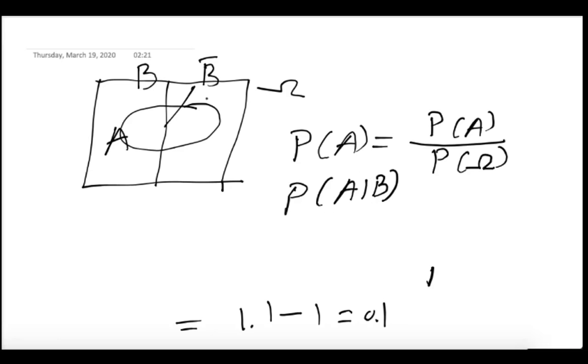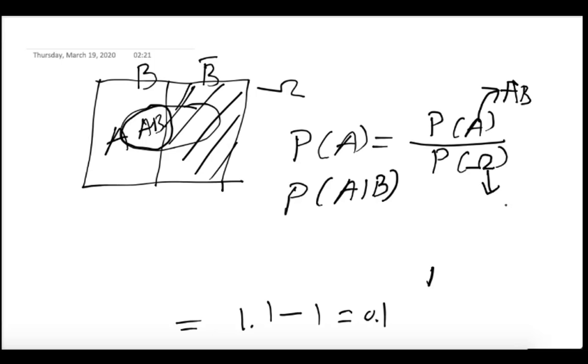So you can cross that part, and A becomes this smaller part, and it is AB. Therefore, the numerator will become AB, and the denominator will become B. That's why you get the probability of AB divided by the probability of B.